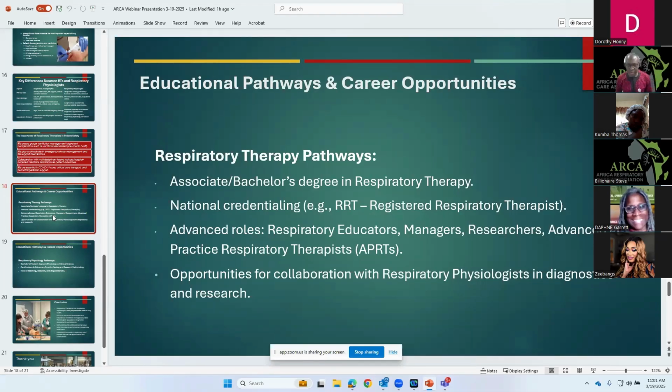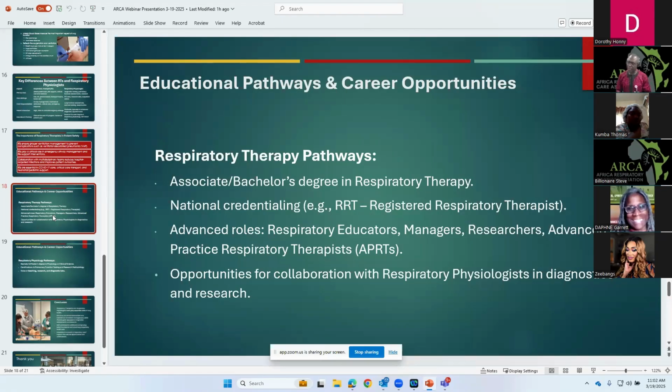At the hospital that I work at, we also have a university with a bachelor's degree respiratory therapy program, where I'm also one of the instructors, and I do both adult critical care and neonatal education at a school.